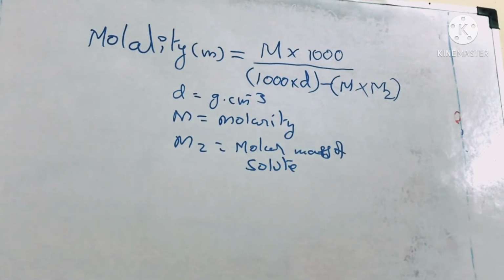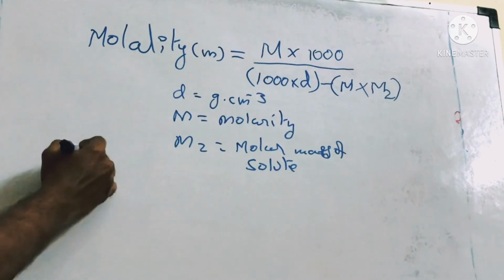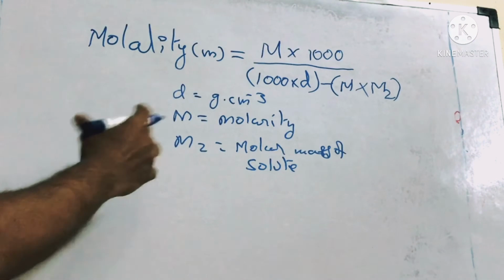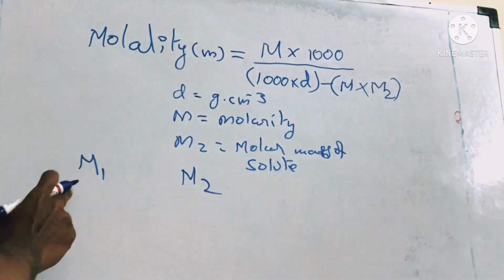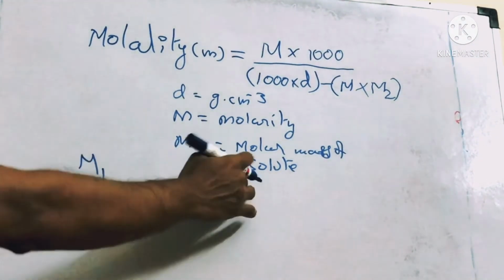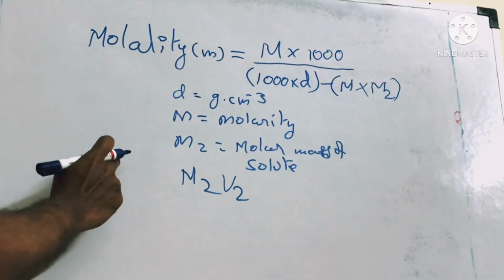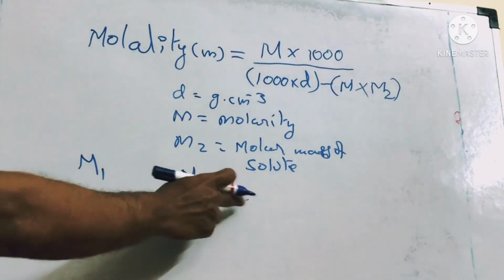Okay, so sometimes they will give some solution and a known molarity, for example M1, and they will ask you to prepare another unknown molarity. For example, it is 0.1. Now they may ask you to prepare 0.05 molar solution, and some quantity they will ask, the volume, and how much volume of this needs to be taken and diluted to this volume.